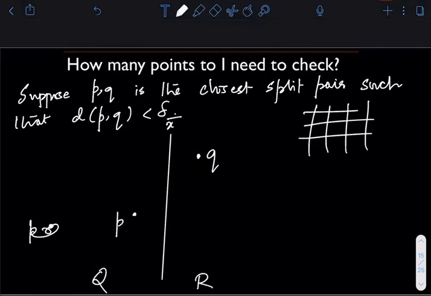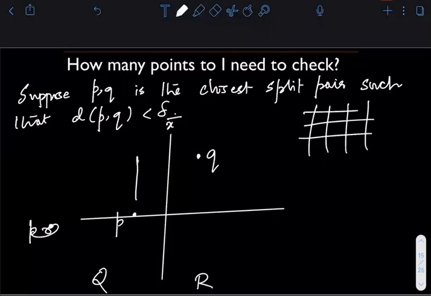So one of the grid lines coincides with exactly this median point. And each side of the grid, I take to be delta over 2. The third property is that one of the grid lines coincides with the y coordinate of P.